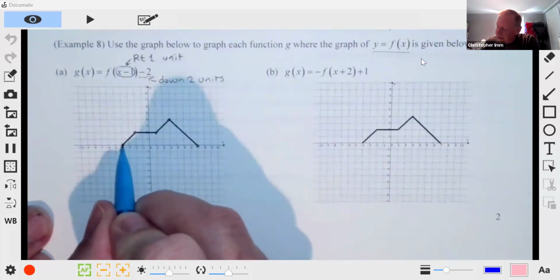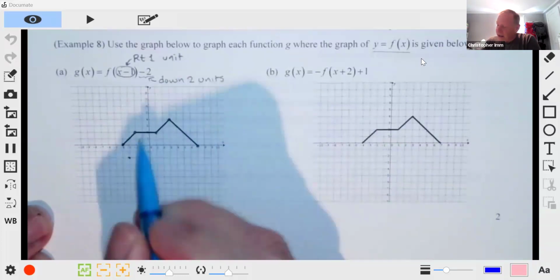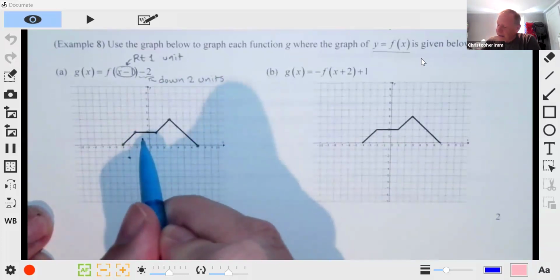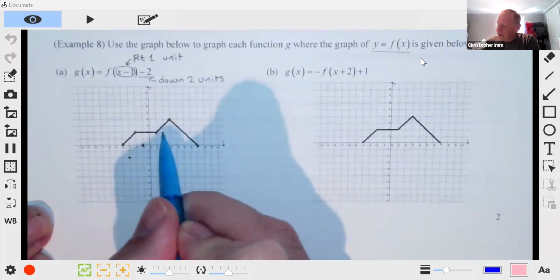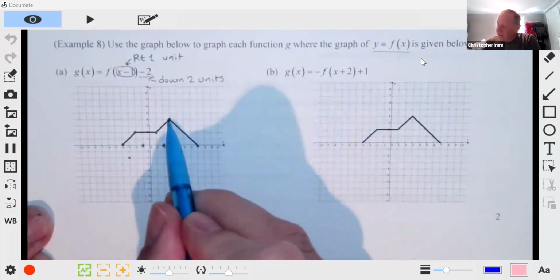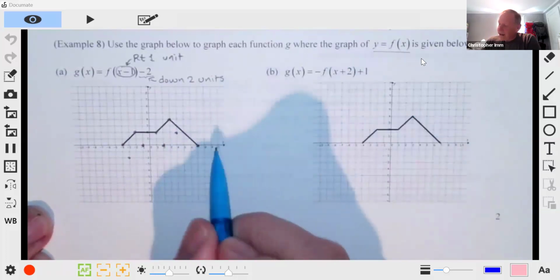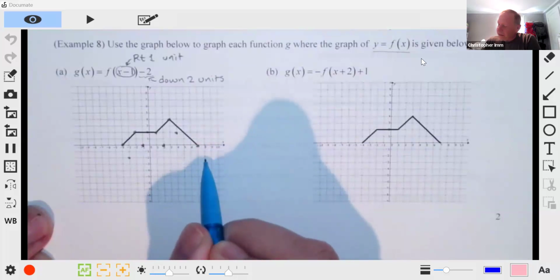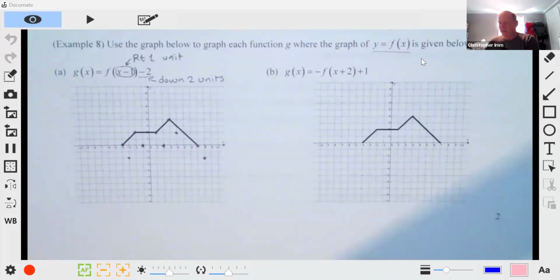So if I move this point right 1 and down 2, I have a point here. I move this one right 1 and down 2, I have a point here. I move this point right 1 and down 2, I have a point here. I move this one right 1 and down 2, I have a point here. And I move this one right 1 and down 2, I have a point here. So my graph, when I'm done with it, should look a lot like what we call the parent graph.